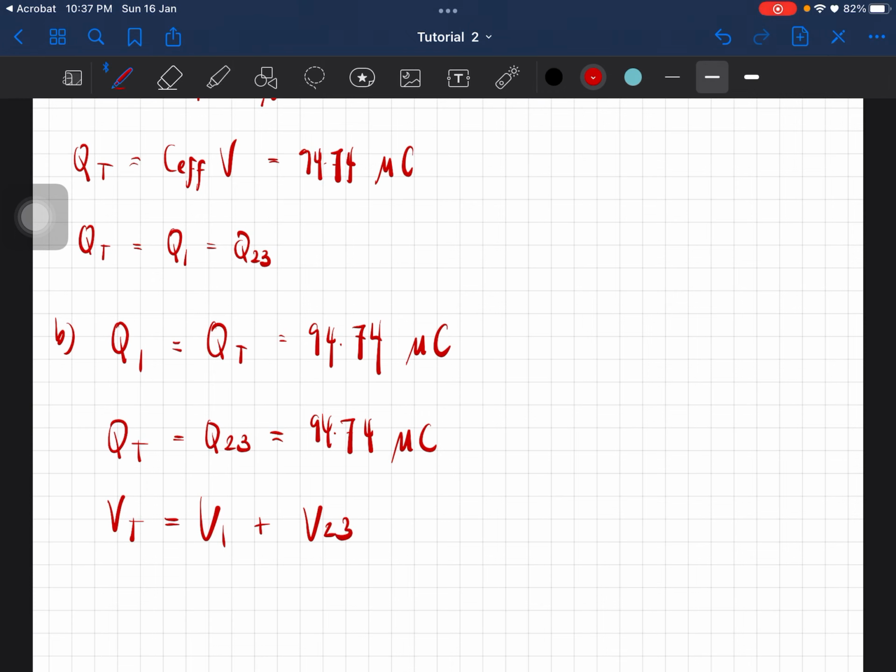Okay, that was confusing. Good job. Okay, so this is correct. Then from here, V23 is equal to V2 equal to V3. Why? Because they are in parallel. So that's why they are equal.